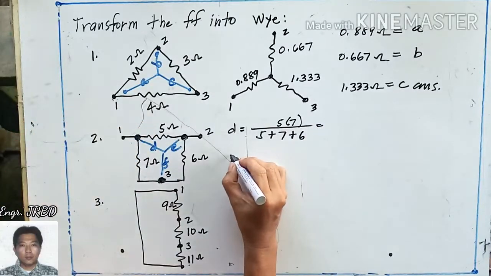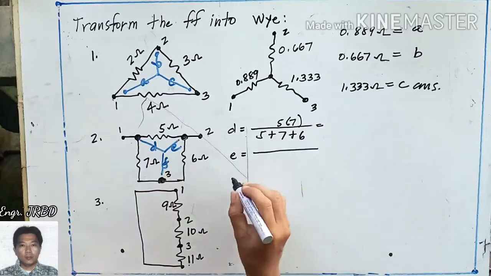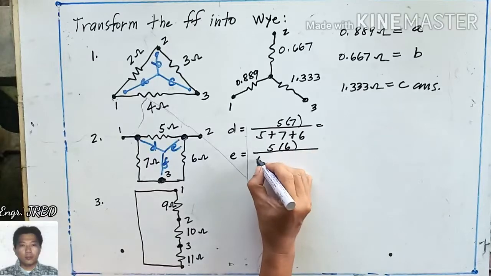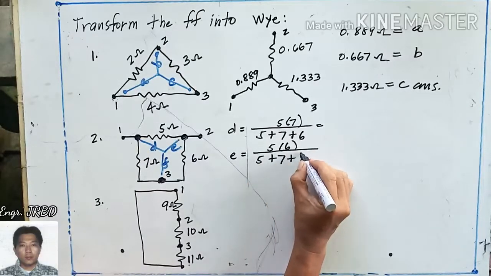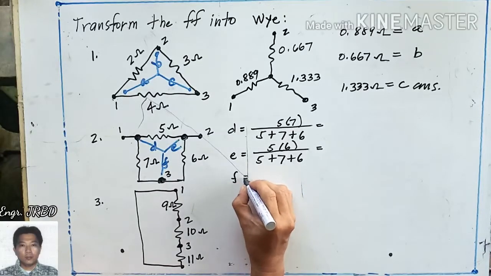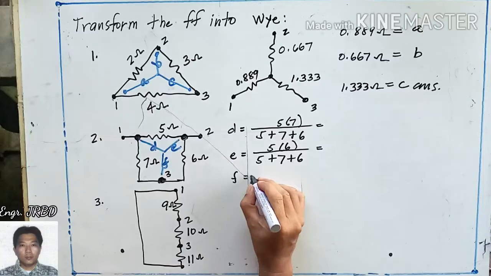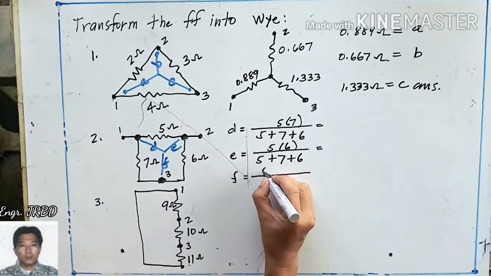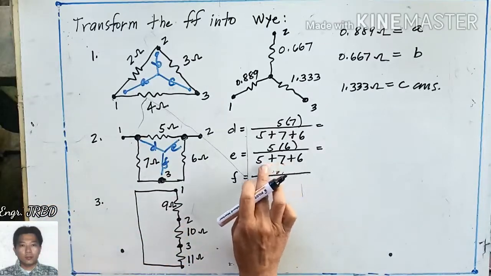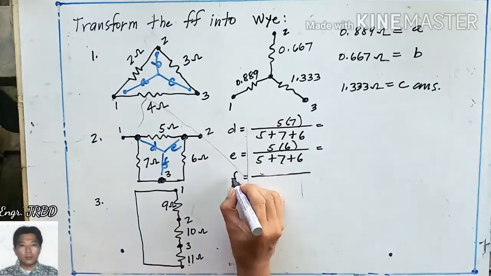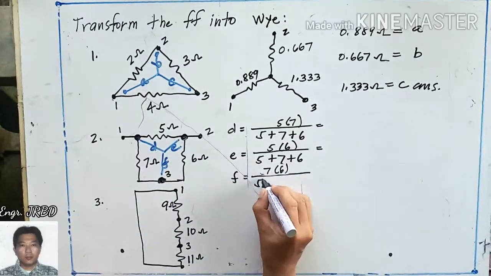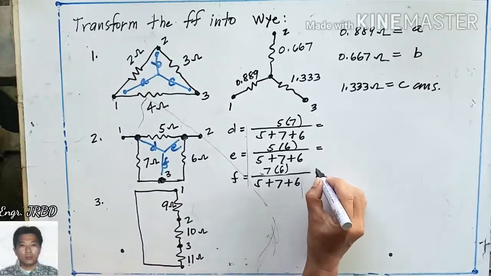For E, the product of the two adjacent legs, that is 5 and 6, divided by the sum, that is 5 plus 7 plus 6. And F, the product of the two adjacent legs of F, that is 7 and 6, divided by the sum, that is 5 plus 7 plus 6.